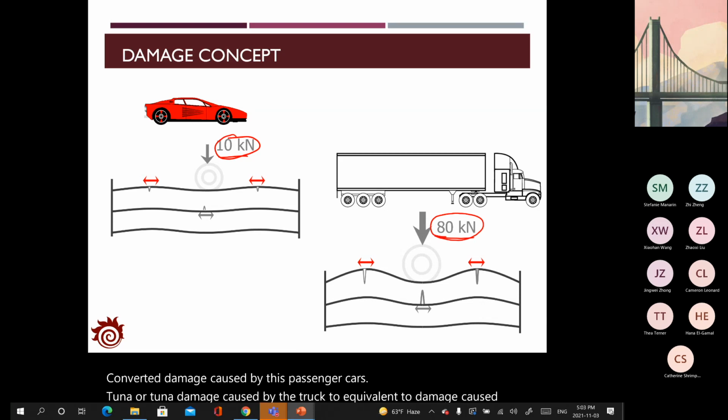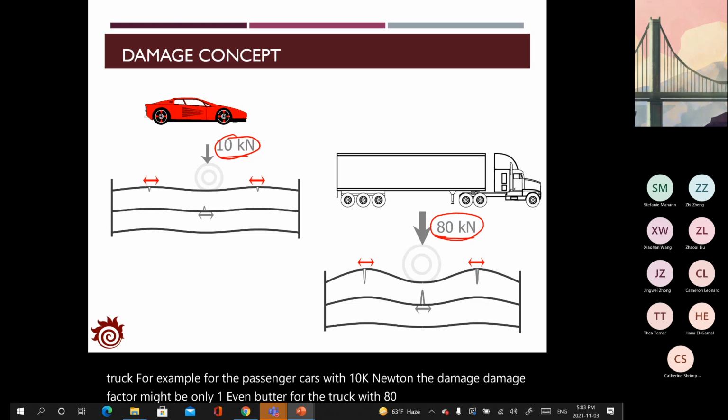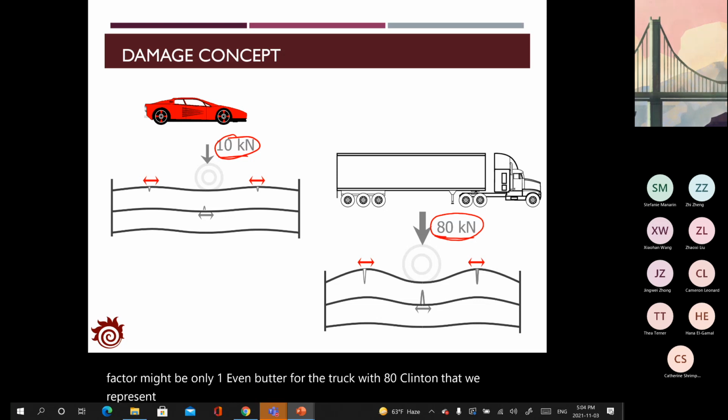For example, for the passenger cars with 10 kilonewton, the damage factor might be only 0.1, but for a truck with 80 kilonewton, that will represent the factor of 1. For the 10 kilonewton passenger car, it's not necessarily something around 0.1 or 0.15.